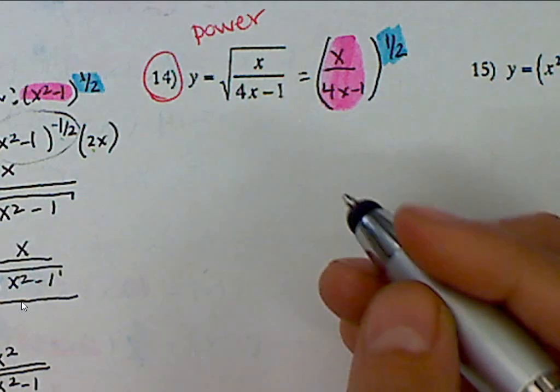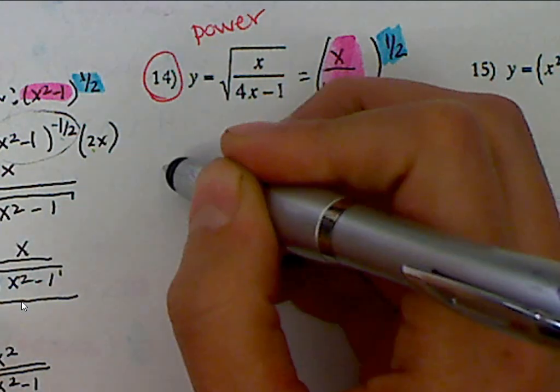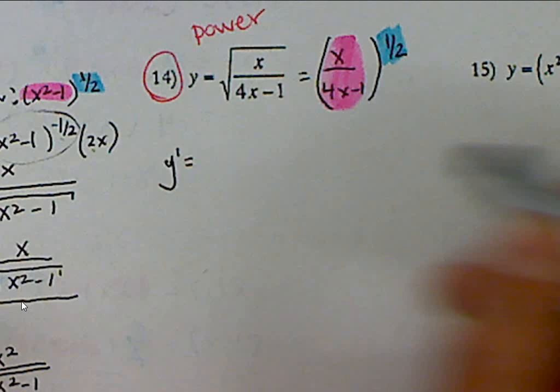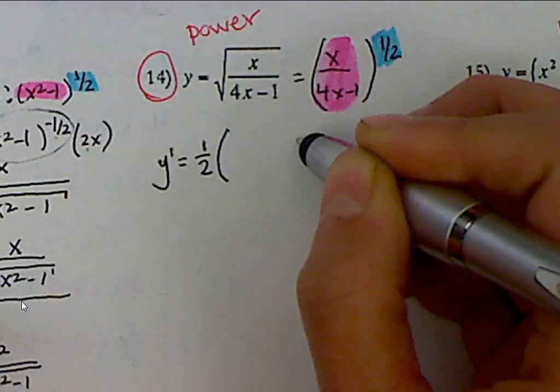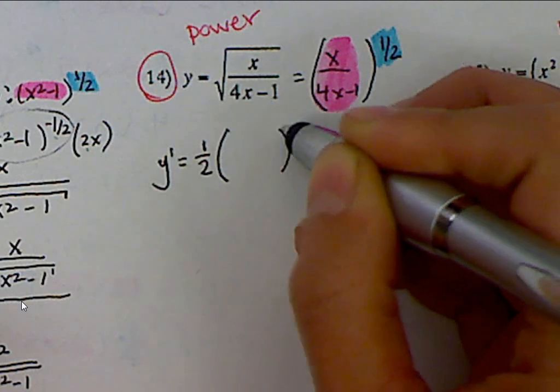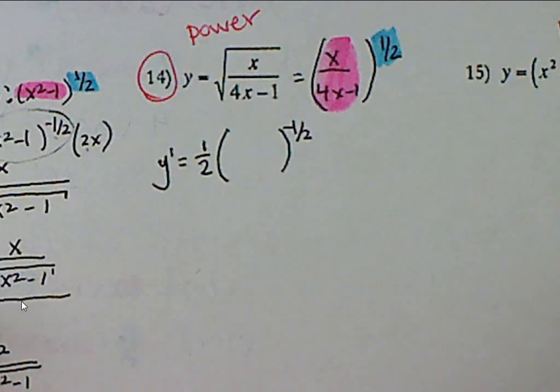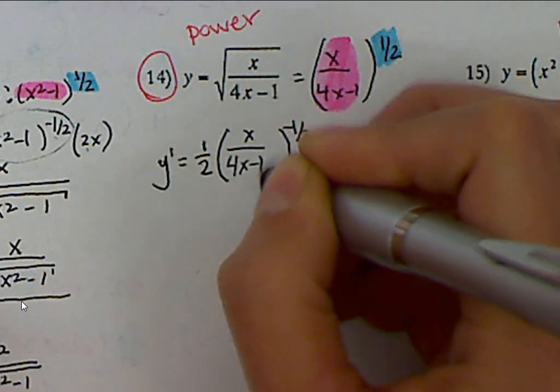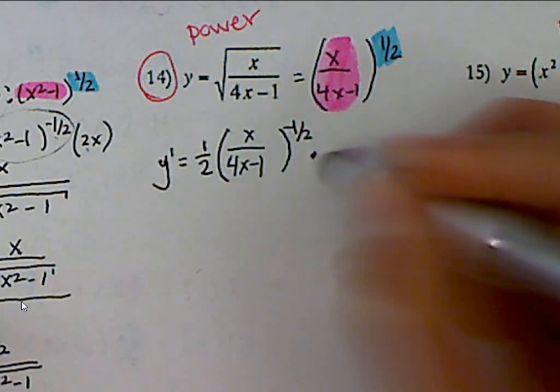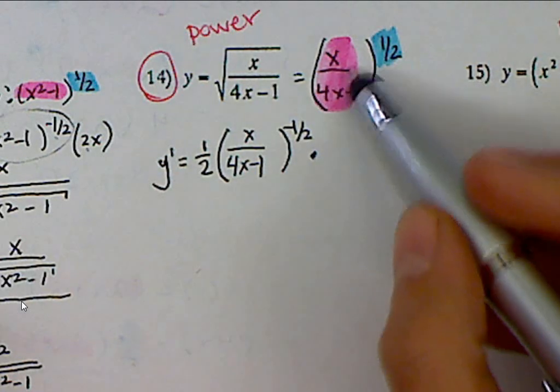Just the way we've done other problems, and I can go ahead and start. So y prime, I bring down my exponent. The new power will be negative 1/2. The inside will stay the same, x over 4x minus 1. And then I need to multiply times the derivative of the inner function.